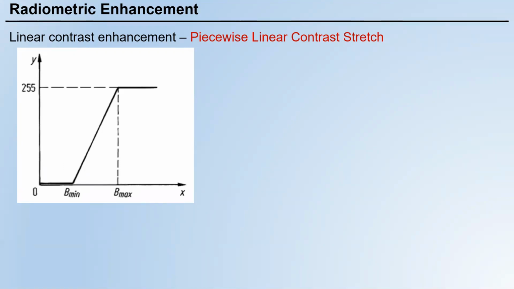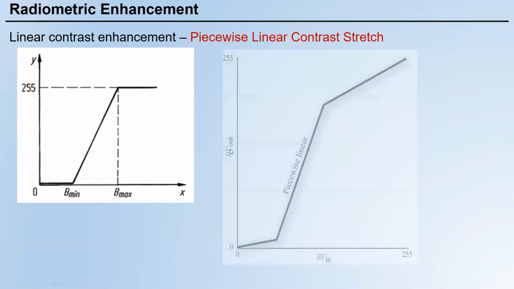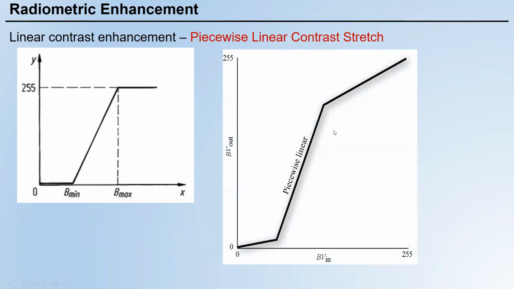So how to use piecewise linear contrast stretch? Here it is. So like I said, we have three linear functions here, three segments. So at the bottom left, this is the first segment. Okay, and then we have the second segment and the third segment. And you can say three functions, three segments, they are applied to pixels with different values.